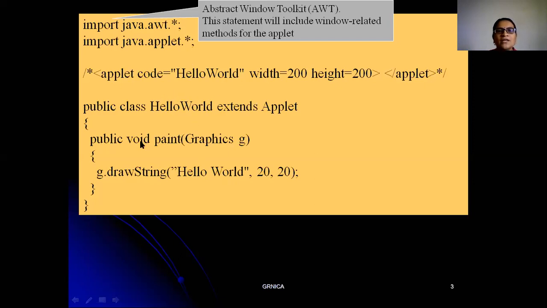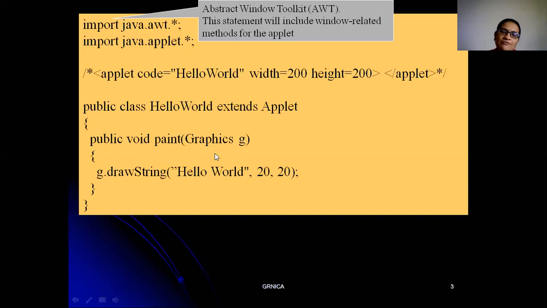Public void paint. Paint is a method that is there in the applet class. We'll discuss the applet skeleton in the next slides. Because it is public, you can use it in any class or any package.